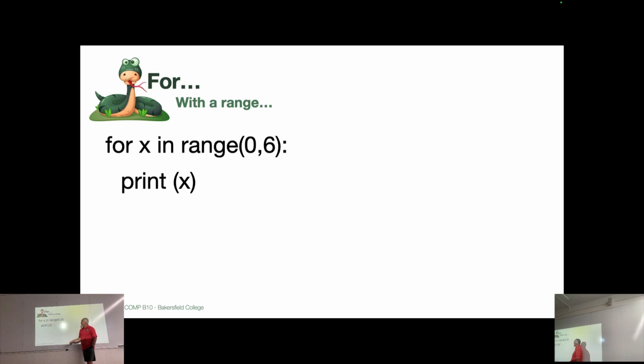So this list is a range 0 to 6. Whenever you see the range function here, it creates a list on the fly that includes the numbers between 0 and 6, not inclusive of 6. This will make sense in just a minute.